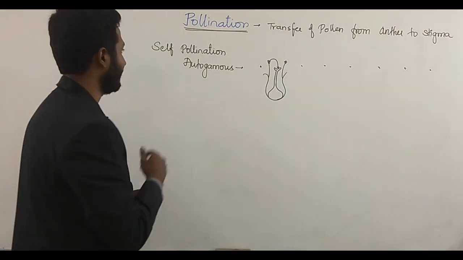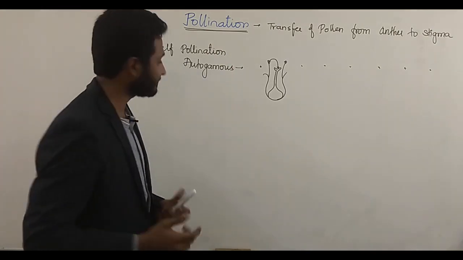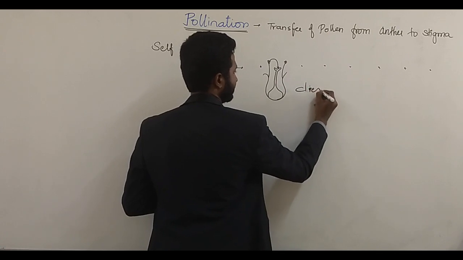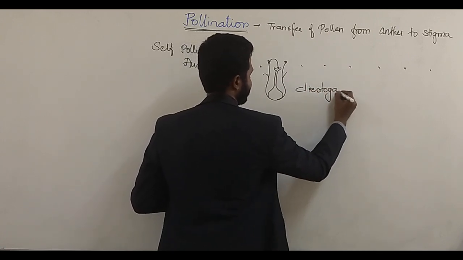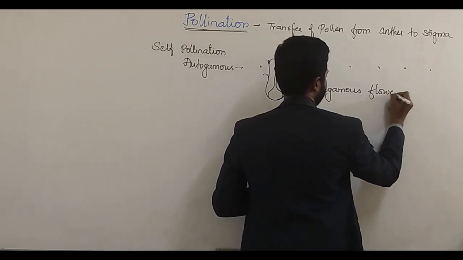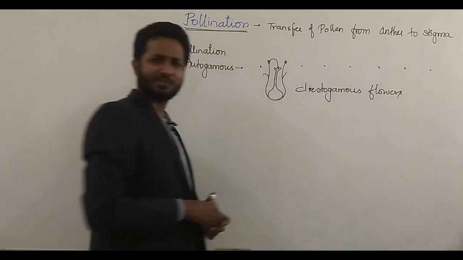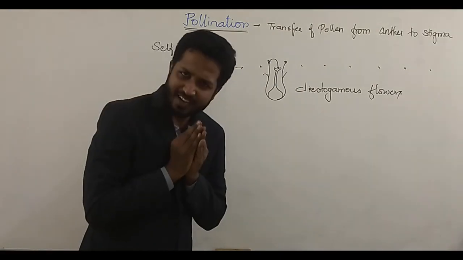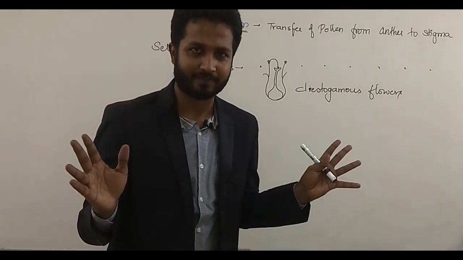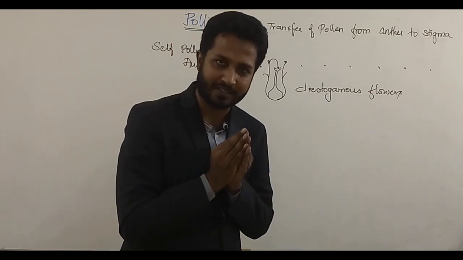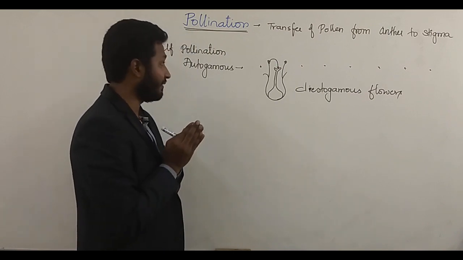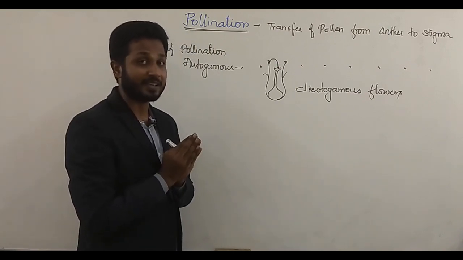Okay? Now, what are the examples? We have cleistogamous flowers. What are cleistogamous flowers? These are the flowers which always remain closed. They never open up. They are always in a closed condition. And there is another variety of flower which also comes under autogamy, called chasmogamous.